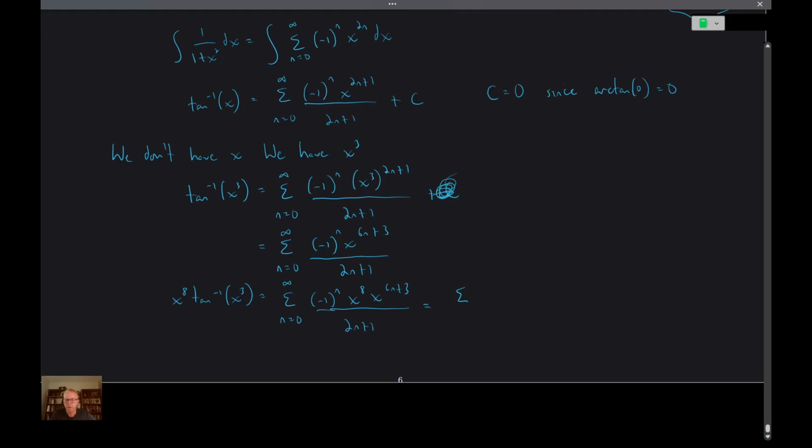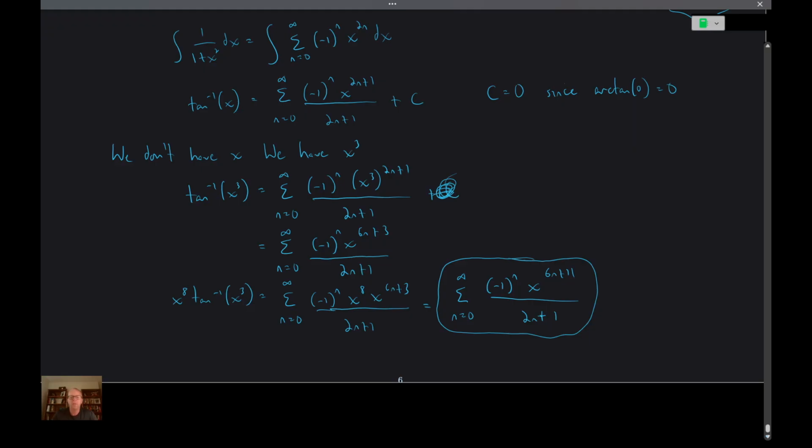So that gives us the sum from n equals 0 to infinity, negative 1 to the n. So now 8 plus 6n plus 3 gives us x to the 6n plus 11 over 2n plus 1. And there is our power series.